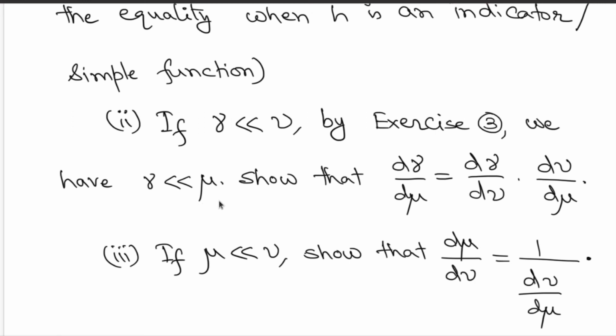In this case, by the Radon-Nikodym theorem, you will get density functions of gamma with respect to mu, and we are saying that it can be split as a product of the derivative of gamma with respect to nu multiplied by the derivative of nu with respect to the measure mu. Okay, so that is the statement here. Again, please try to check this. This will follow from the uniqueness of the density function.